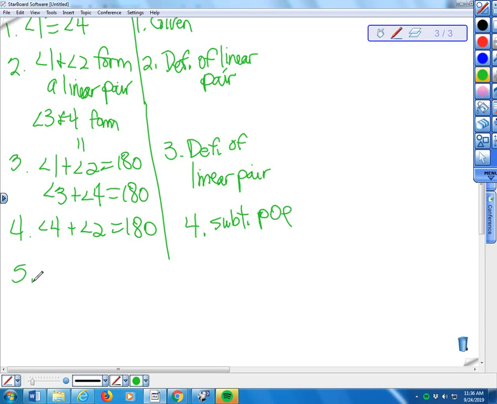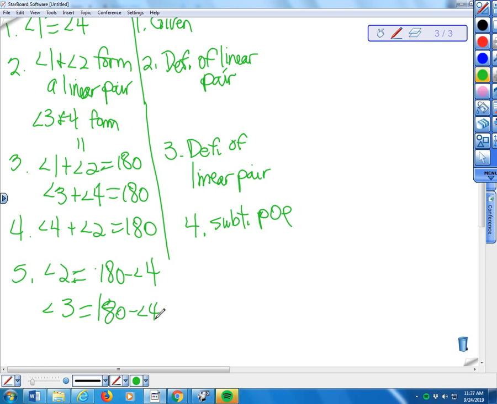Now I could solve for angle 2. Angle 2 is 180 minus angle 4, and angle 3 is equal to 180 minus angle 4.